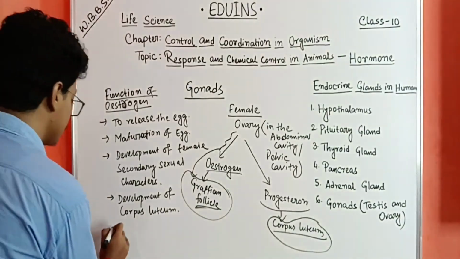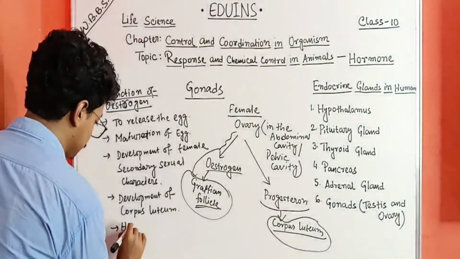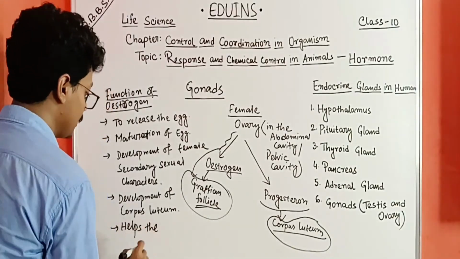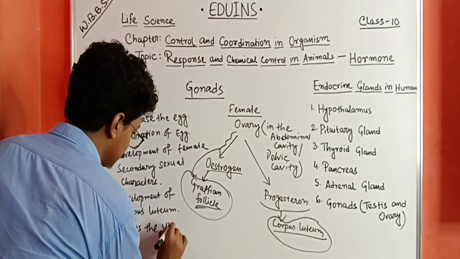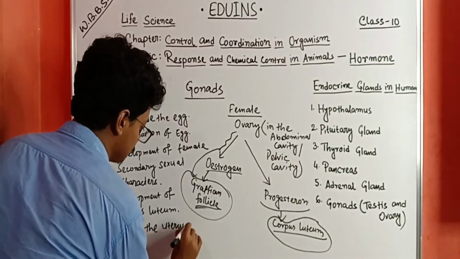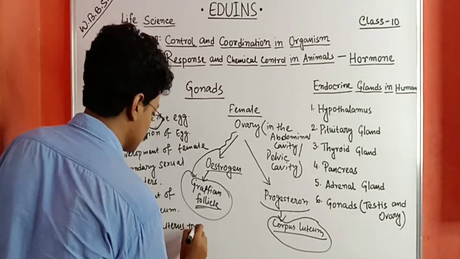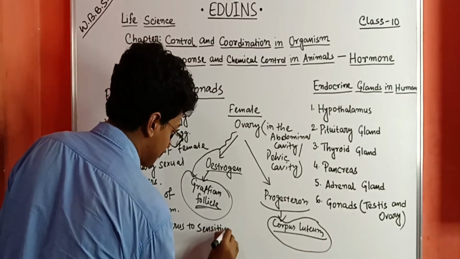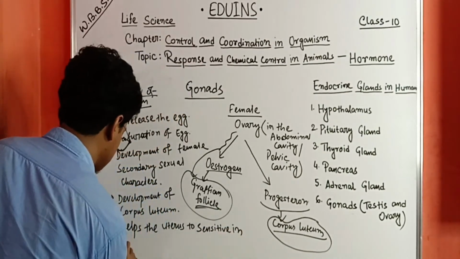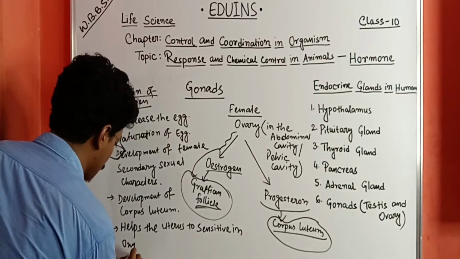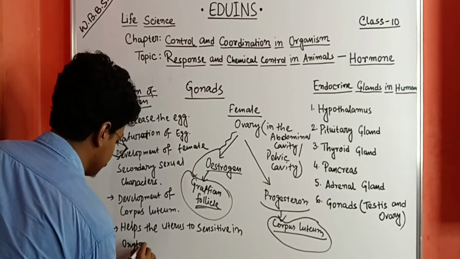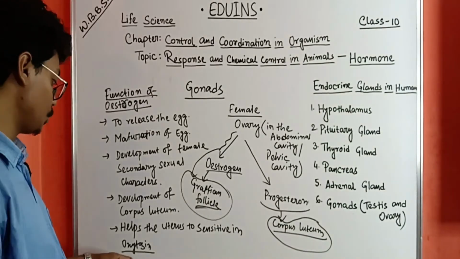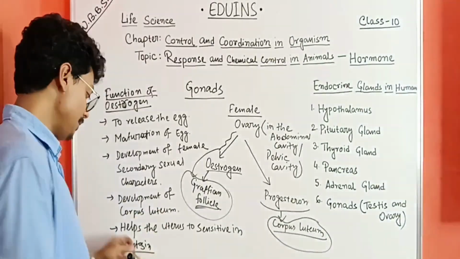Also, it helps the uterus to become sensitive to the hormone oxytocin, which is released from the hypothalamus and stored in the posterior pituitary.